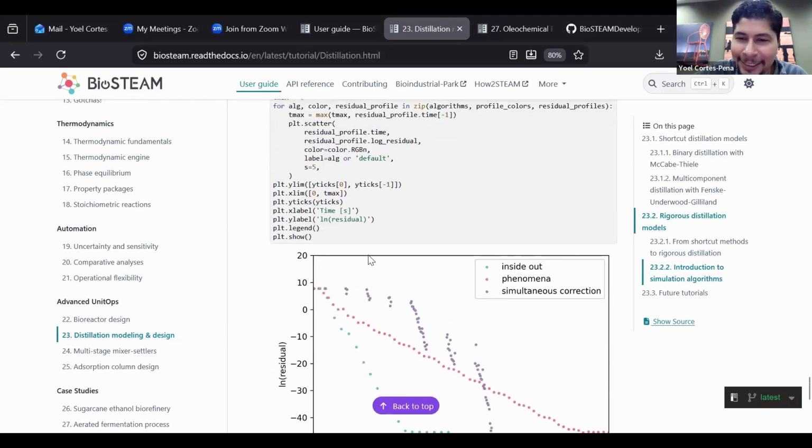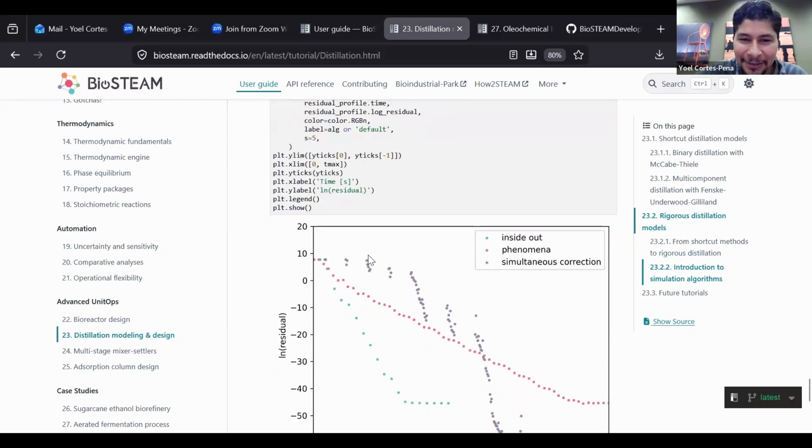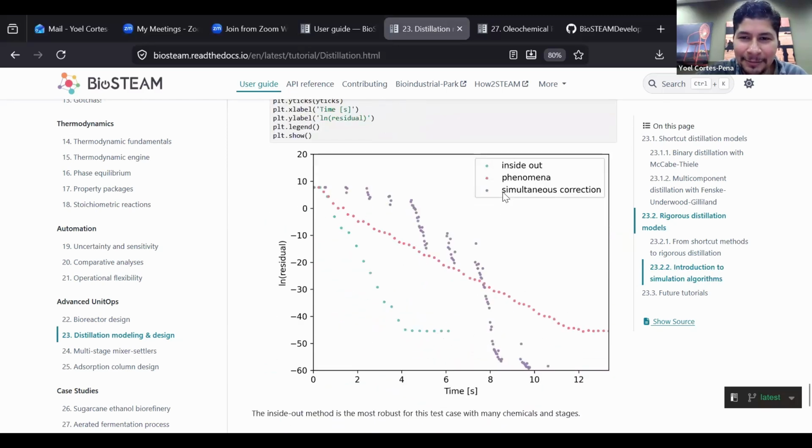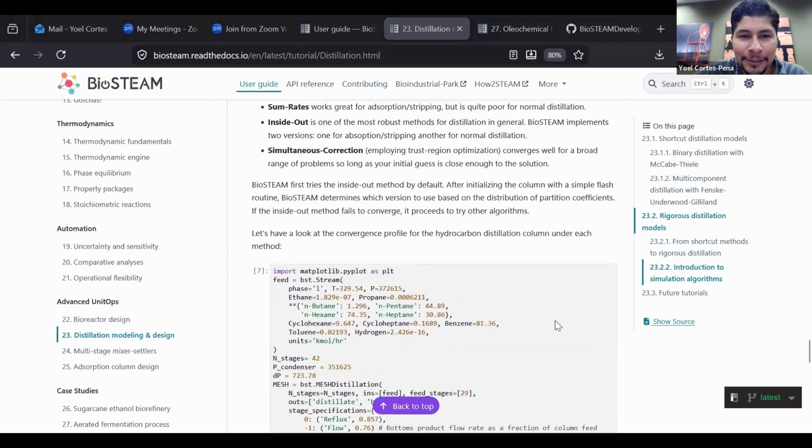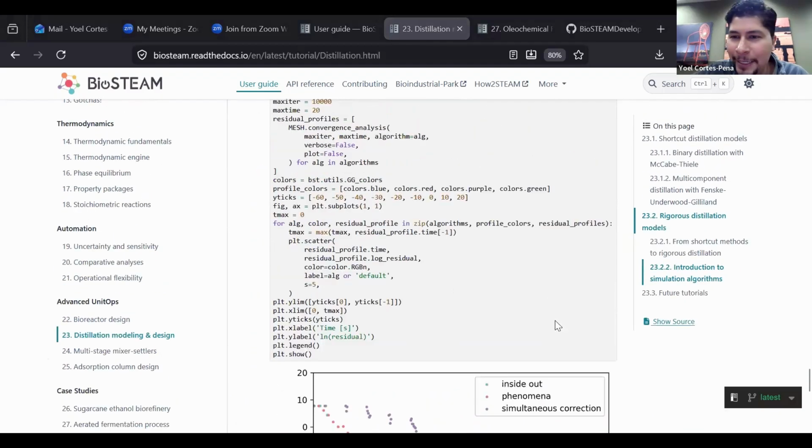It uses surrogate modeling to solve the problem. Here we're looking at many different methods to solve the column, and it achieves like 10 to the minus 60% error in the simulation variable. So it's quite rigorous. Okay, I hope I answered that, and hopefully not too deeply.